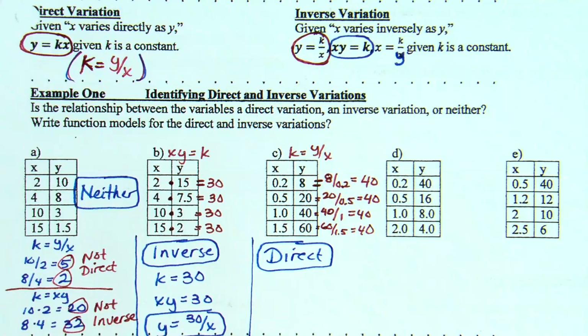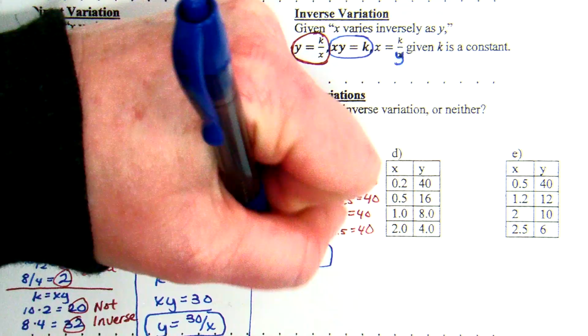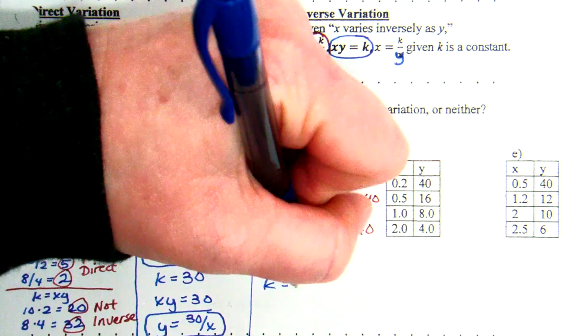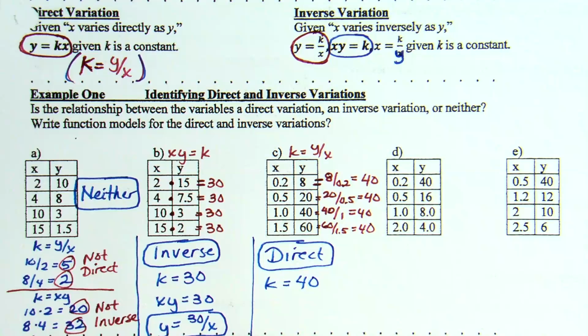If they ask you for the constant, what are they looking for? My constant is 40. K is 40. What's the function model I'm looking for here? Okay. y equals 40x is, I think, what Math Excel would be looking for, if I recall correctly.